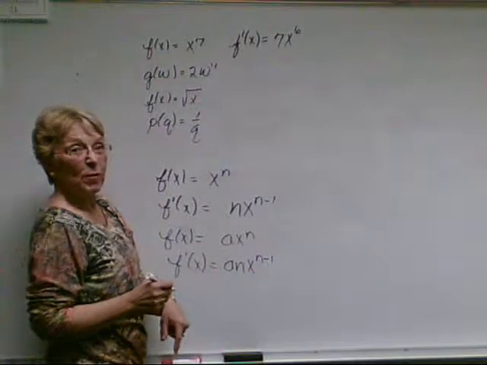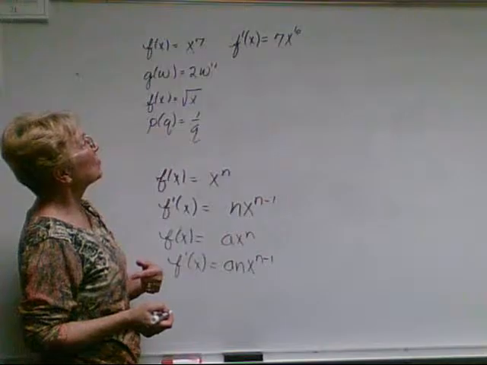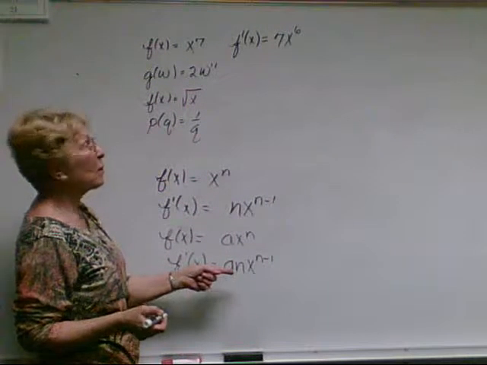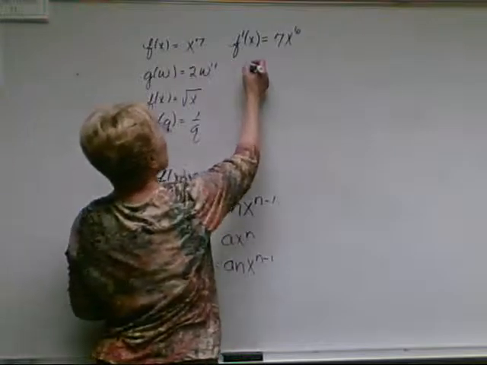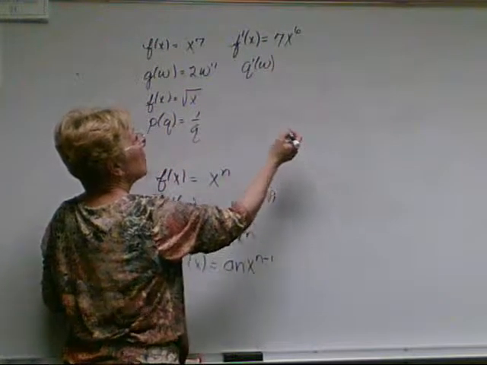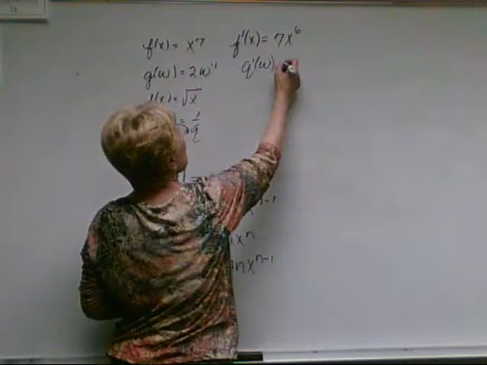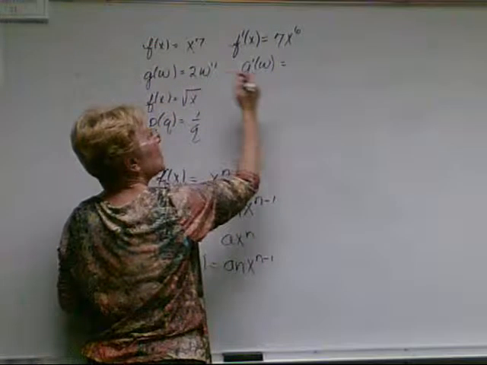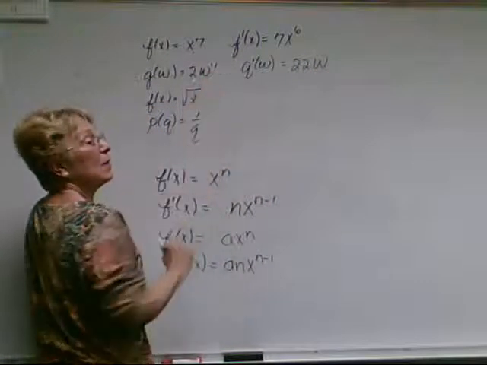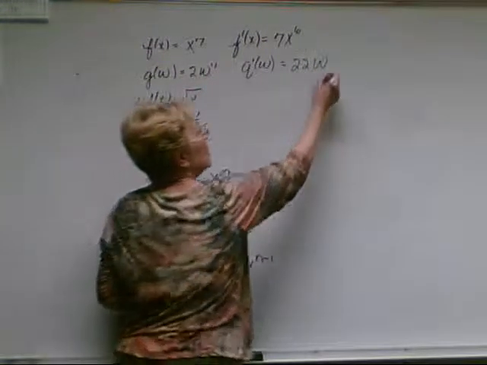And isn't math beautiful? Comes out so nice. Here's a case where we're going to acknowledge a constant multiplier. So our derivative q prime, or the derivative of q evaluated at w, is going to be 11 times 2, 22, w to the 11 minus 1, 10.